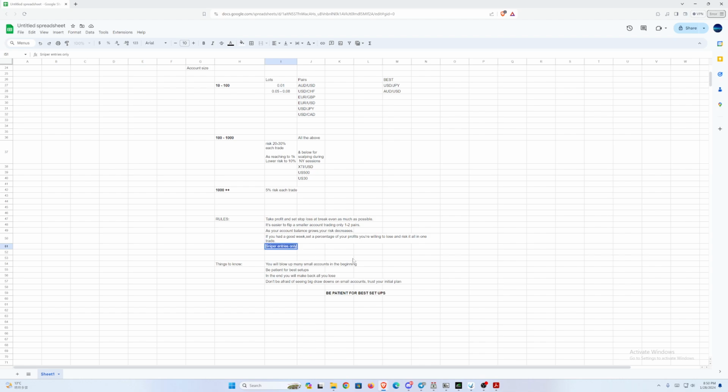The last rule is sniper entries only. You cannot get into entries that don't have high probability, so sniper entries only. You understand what I mean? So for this, we are going to be trading from these supply and demand zones. Once price gets into the supply zone and comes out of it, then we enter a trade.